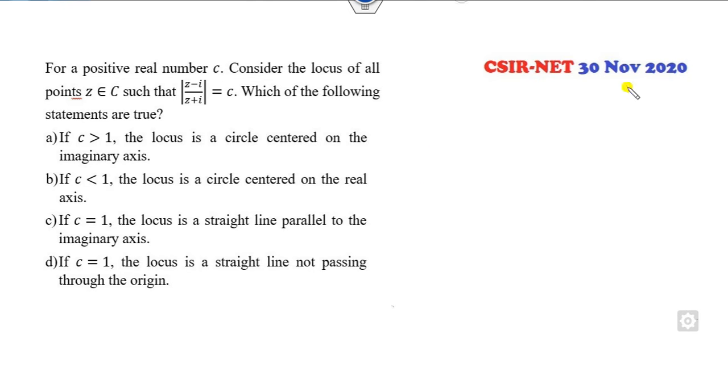Look at this another one. It's 2020. For the positive real number C, consider the locus of all those points z such that the modulus of z minus iota over z plus iota will be C. Which of the following statements are true? Very simple. Look at the options. Firstly, choose any number which is less than 1.